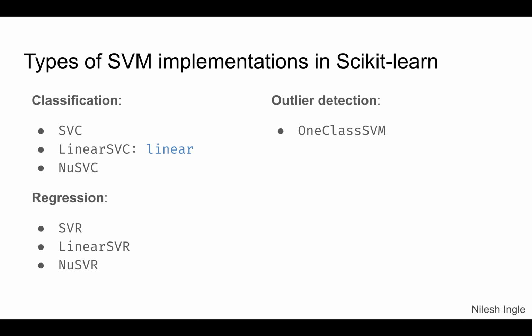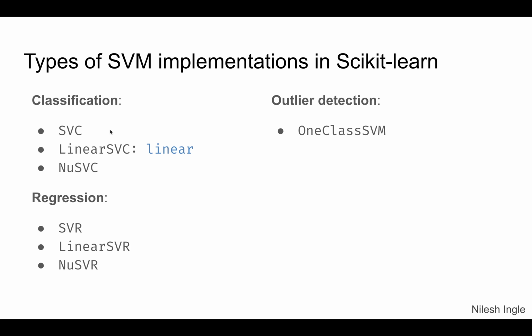We have, for classification and regression, SVC, linear SVC, and NuSVC, and for regression, we have SVR, linear SVR, and NuSVR. Now NuSVC and NuSVR are versions where there is a parameter nu instead of C, and that controls the regularization within the function.